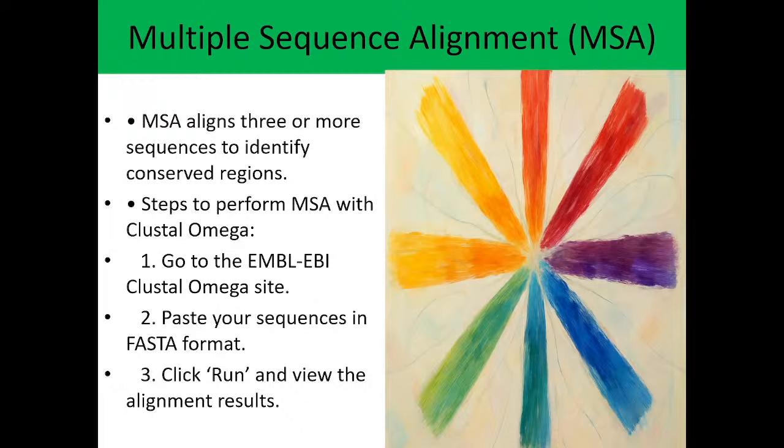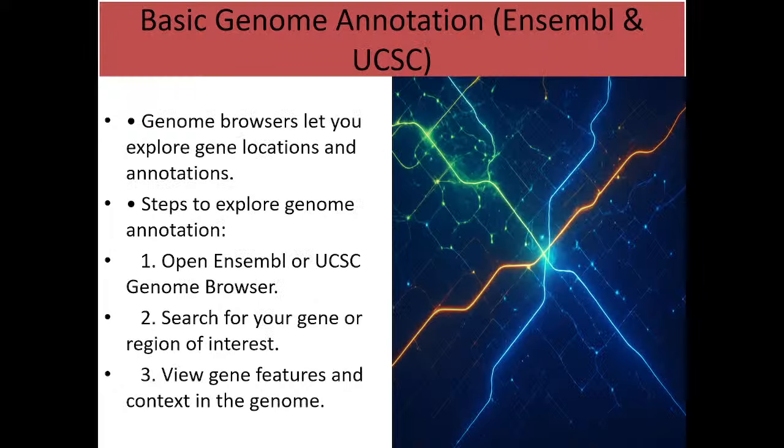So irrespective of the source of your sequences, once you use the MSA, you identify conserved regions. That's going to tell you that such organisms or such sequences are from the same evolution, the same origin. Okay, and the last aspect of what you are asked to do is to make use of Ensembl to identify different regions on your genes and locations. This is actually helping you to annotate your gene.